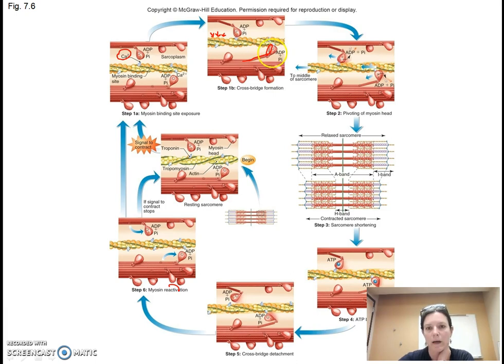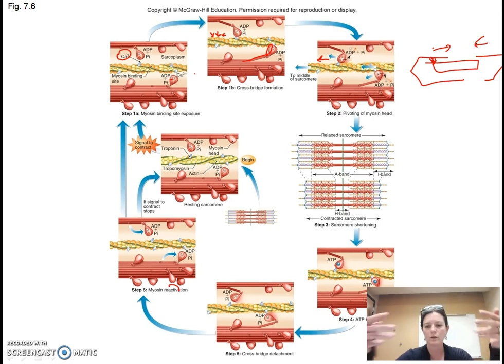As soon as it binds, it's going to pivot forward, and as it pivots, it's what pulls the sarcomere towards the middle. Remember, we have the sarcomere here like this, and these heads go from this direction inwards, and it pulls the thin filaments on either side towards the middle of the sarcomere.